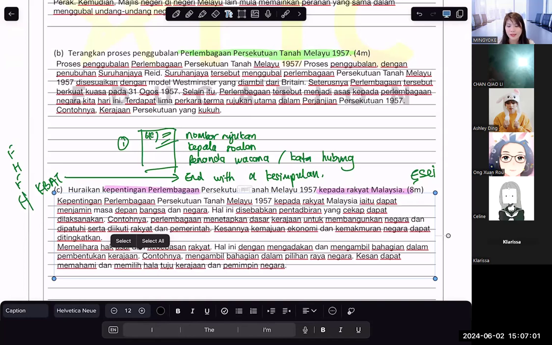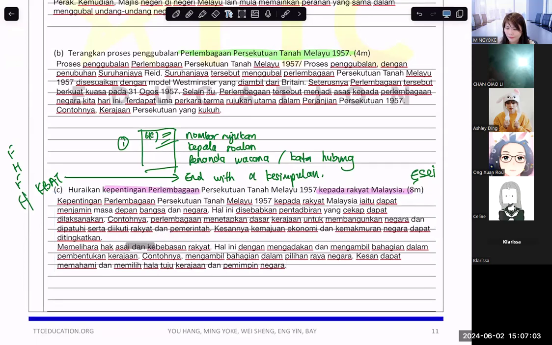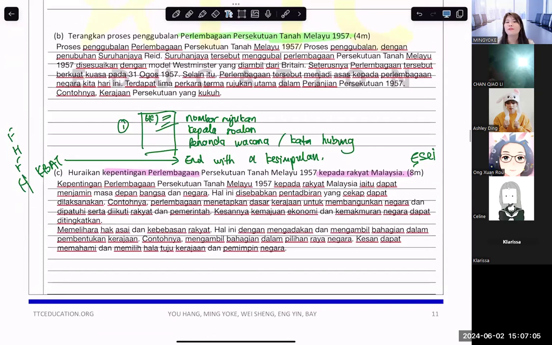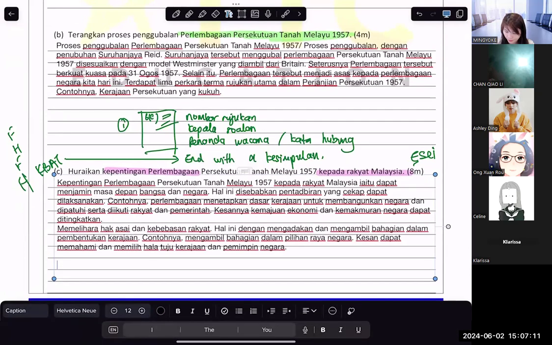Yeah, you can write this. Or you can write fakta huraian also. For example, dapat mengekalkan keselamatan negara.